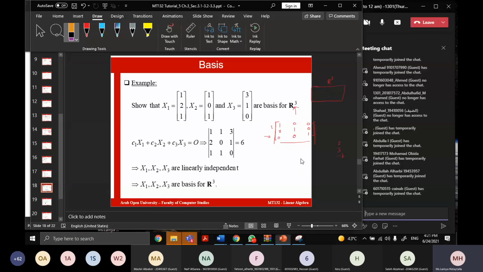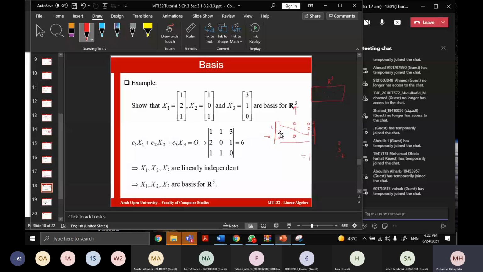It is a diagonal matrix, correct? So we just multiply the diagonal, which means the determinant is equal to 1. So the determinant is not 0, so they are linearly independent. So these are bases. So R3 can have different bases, but they should be 3.